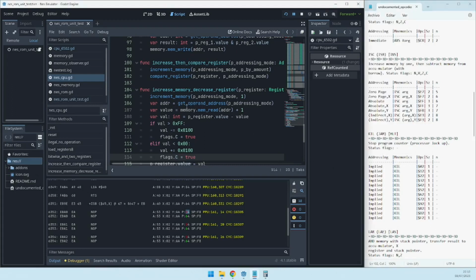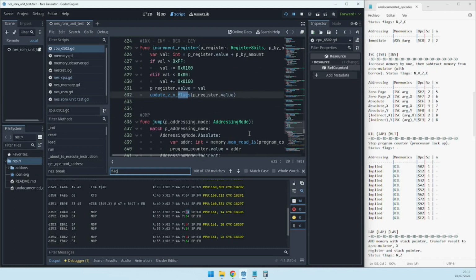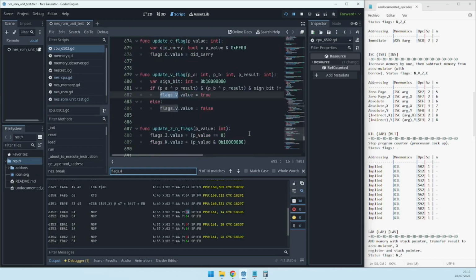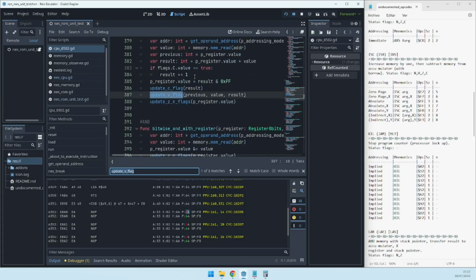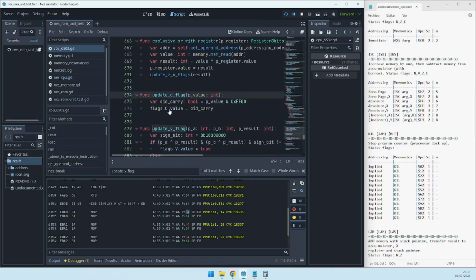I always confuse those. So let's see when flags.b is involved. Update b flag. And b flag is updated. Update c flag.